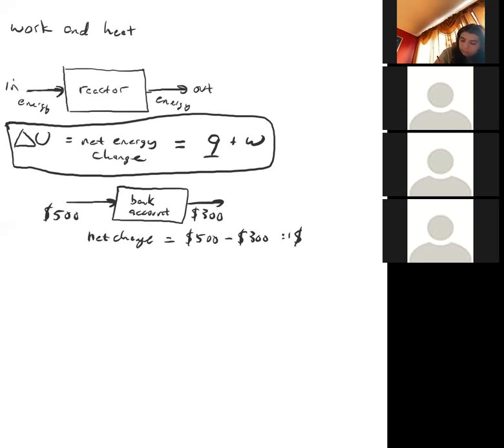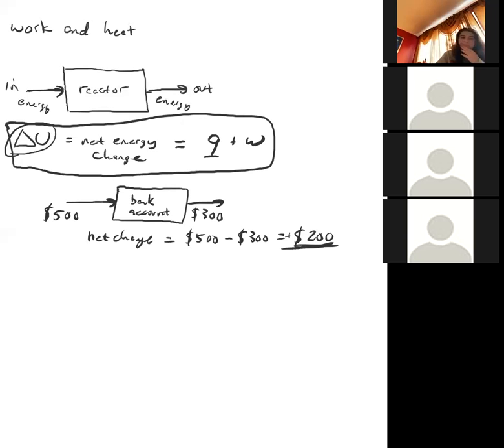So positive 200, right? That's essentially what we're doing with these heat and work problems. We're saying that there's two ways that energy can go in or out. The first one is heat, and the second one is work. So we need to know both of those values to figure out what the net change in energy is.